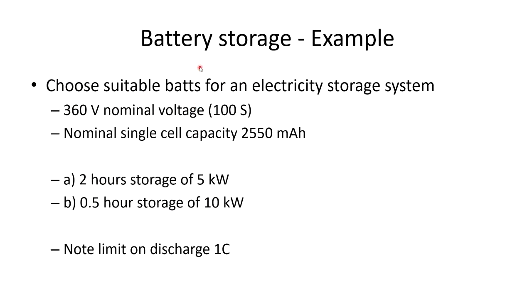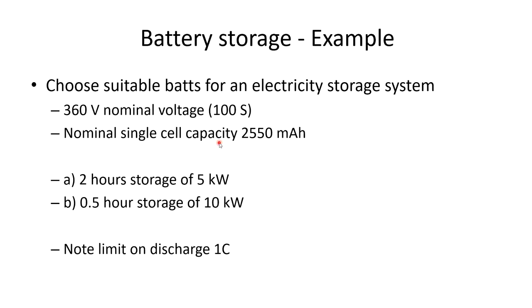And now we will have a look at a calculation example for a battery storage system, where the task is to choose suitable batteries for electricity storage systems, where the batteries would have a nominal voltage of 360 volts. That means 100 batteries in series for typical lithium batteries, where the nominal voltage is 3.6 volts per cell, and the capacity of a single battery cell would be 2550 milliampere hours.